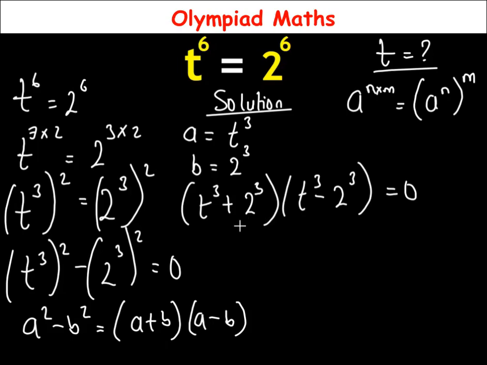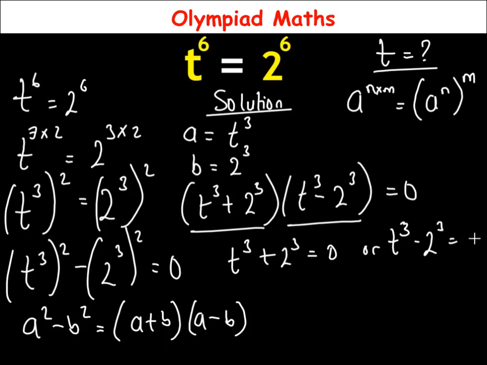At this junction, we can equate this to 0 and also this to 0. So from here, we have t to the power of 3 plus 2 to the power of 3 is equal to 0, or t to the power of 3 minus 2 to the power of 3 is equal to 0. From these two equations, let's solve for the value of t that satisfies the given equation.